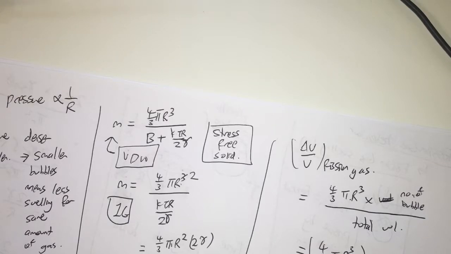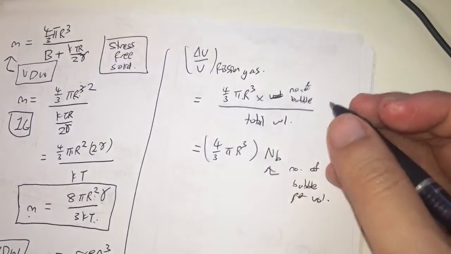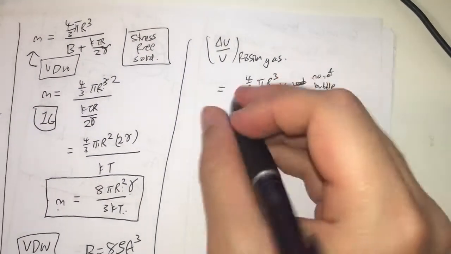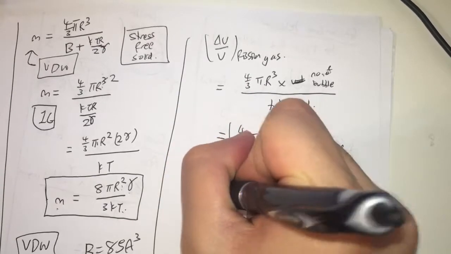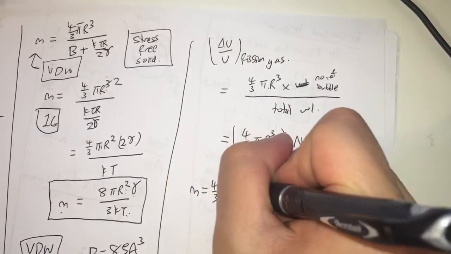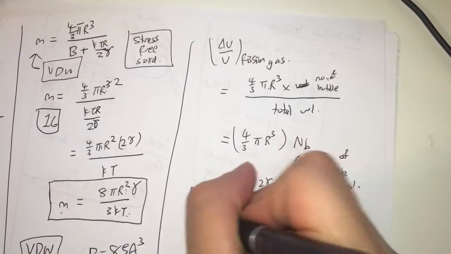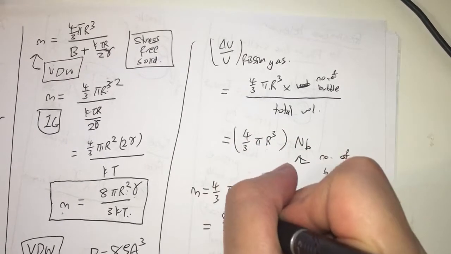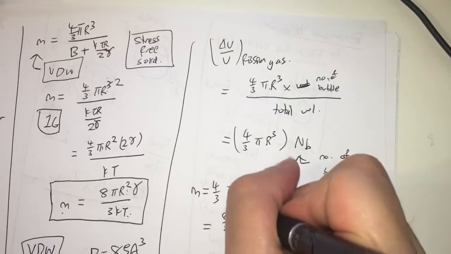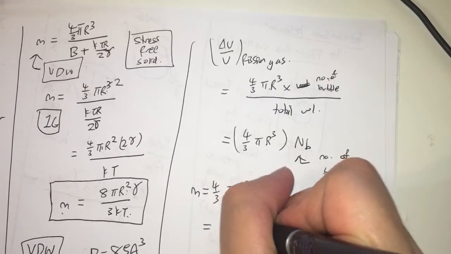Just know that there's some discrepancy involved as shown earlier. So we'll use the ideal gas assumption. So M equals 4 over 3 pi R squared 2 gamma over kT, which is also equal to 8 pi R squared gamma over 3 kT.